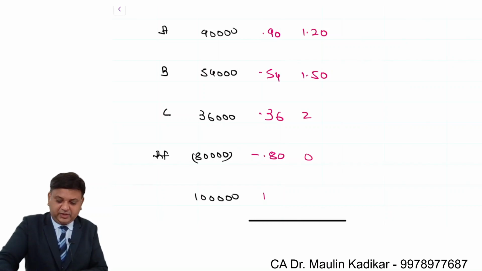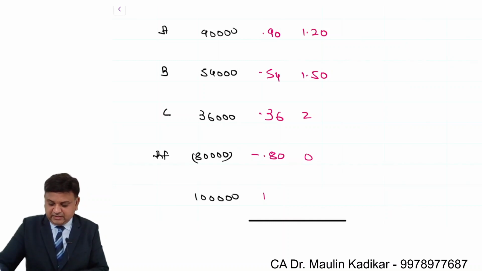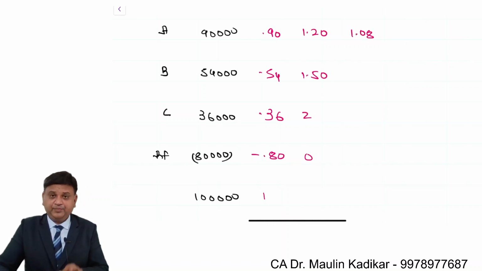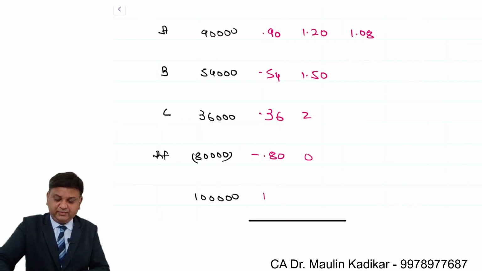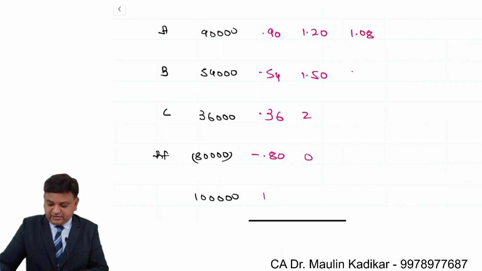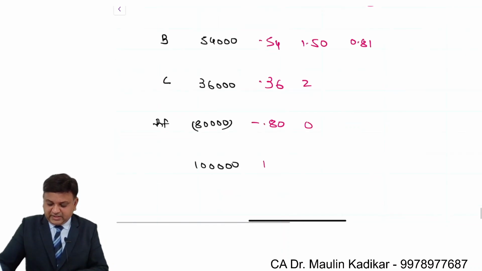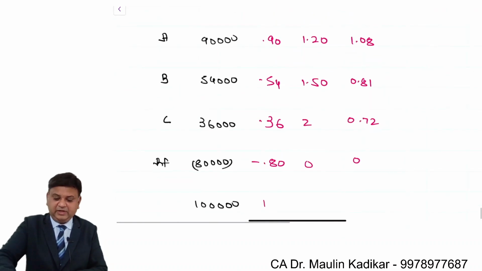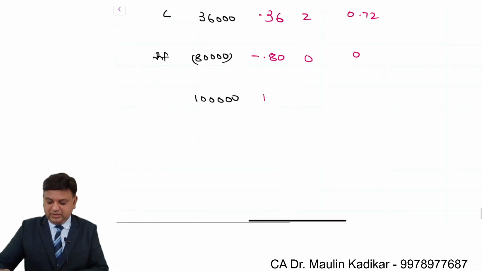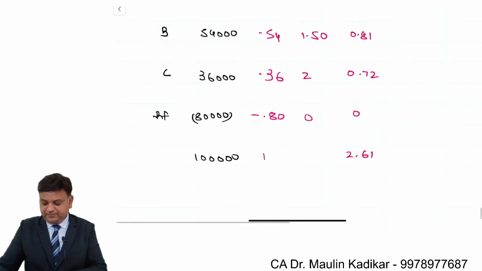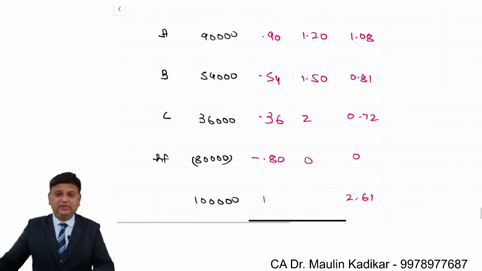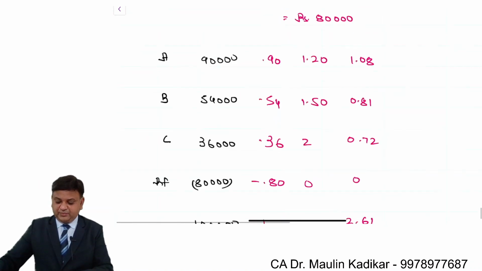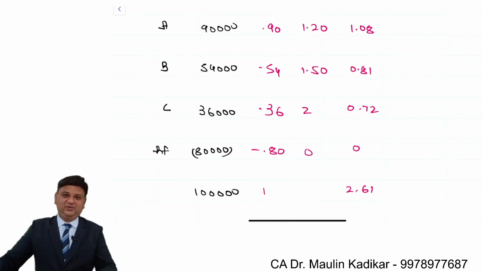So it is 0.9 into 1.2, that comes to 1.08. 0.54 into 1.5, that is 0.81. Then it is 0.72. Then it is 0. So 1.08 plus 0.81 plus 0.72 comes to 2.61. This is a way you can cross verify the answer that the beta of the portfolio will be 2.61.